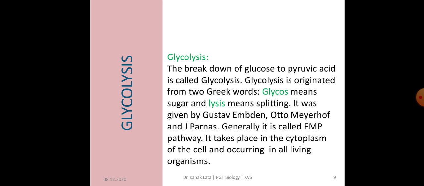So the breakdown of glucose into pyruvic acid is called glycolysis. The term glycolysis originated from two Greek words, glykos and lysis. Glykos means sugar and lysis means splitting, that is breaking. The scheme of glycolysis was first described by Gustav Embden, Otto Meyerhof and J. Parnas. Thus it is also called the EMP pathway.